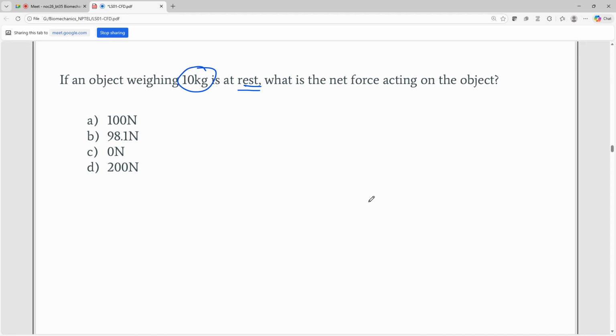Yes, here is the catch. The question was net force. What is the net force acting on the object?